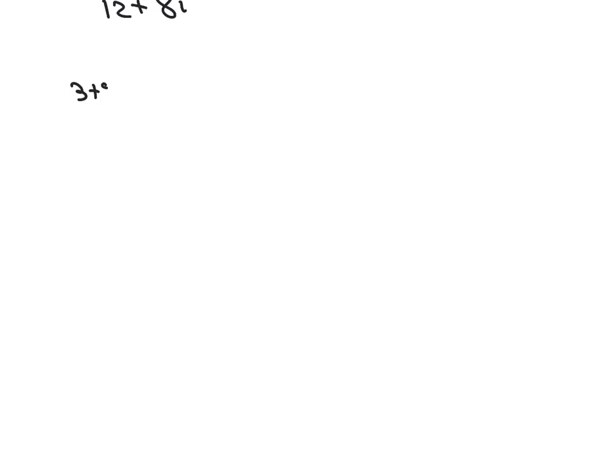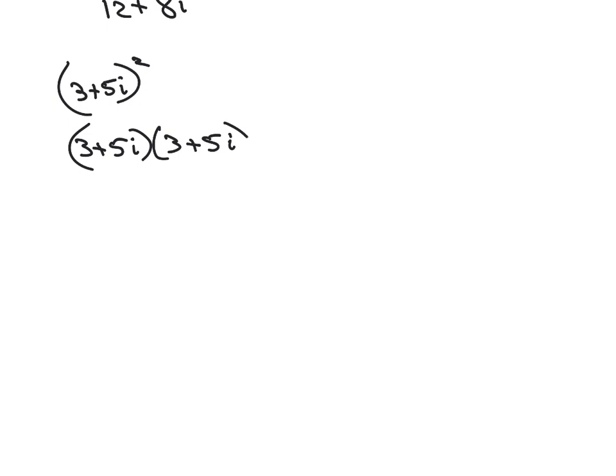3 plus 5i quantity squared. So let's do FOIL method again. You can do it another way, but the FOIL method is just the easiest one to remember.